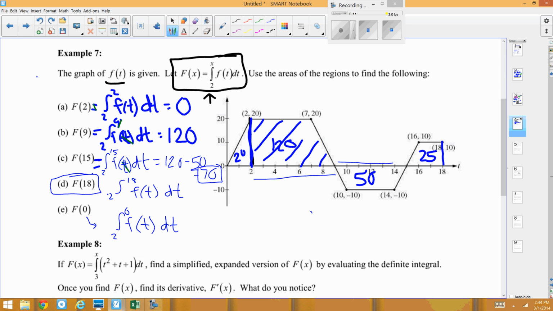One way would be to rewrite it: you can switch the bounds and say negative the integral from 0 to 2, which is 20, so we get negative 20. Or you remember from a previous lesson that if you go backwards, it's the opposite, so anything above the x-axis would be negative. Either way, you get an answer of negative 20 for the last one. All right, we'll continue on later.